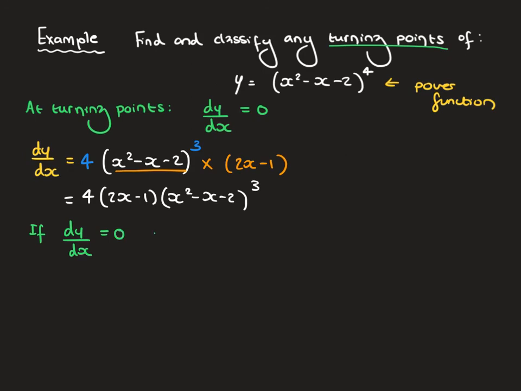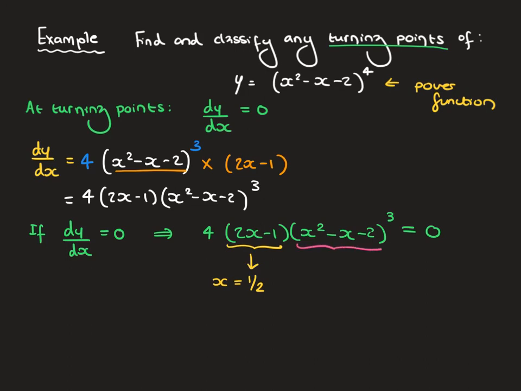Now, remember, we are trying to find stationary points. So we need to set 4, 2x minus 1, x squared minus x minus 2 all to the power of 3 equal to 0. Now, if we solve this, then the options we have are that 2x minus 1 equals 0, which would give us x equals a half. And the other alternative is that x squared minus x minus 2 equals 0, so that the cube of this result becomes 0.